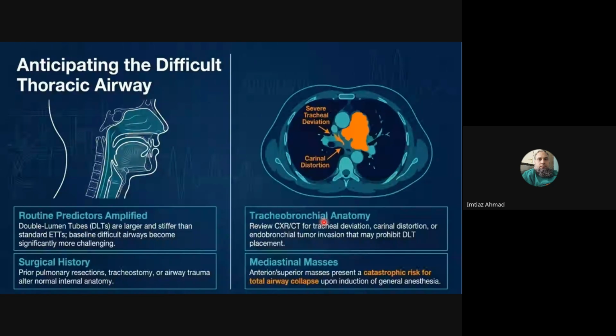Tracheobronchial anatomy should also be assessed by reviewing chest X-ray or CT scan to find out tracheal deviation, carinal distortion, or endobronchial tumor invasion that may prohibit double lumen tube placement. Mediastinal masses, anterior or superior masses, present a catastrophic risk for total airway collapse upon induction of general anesthesia.